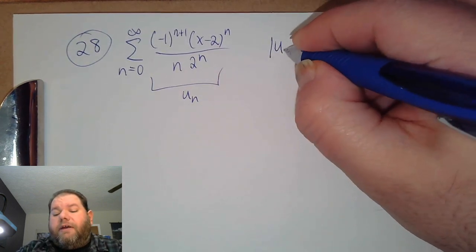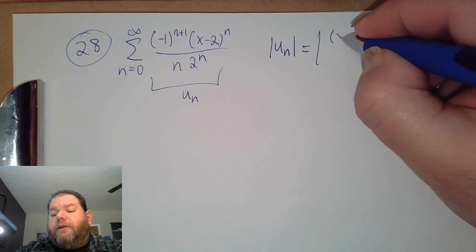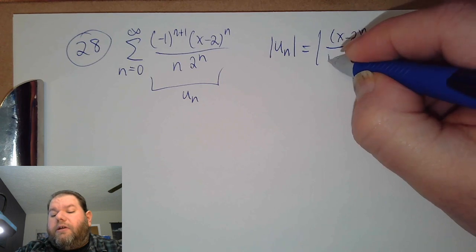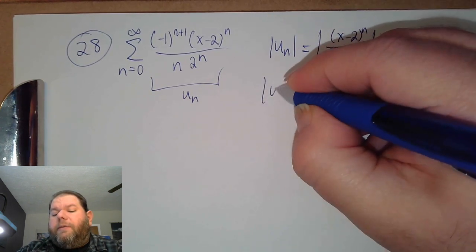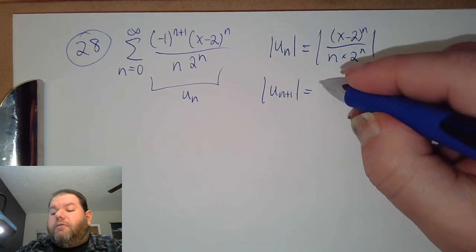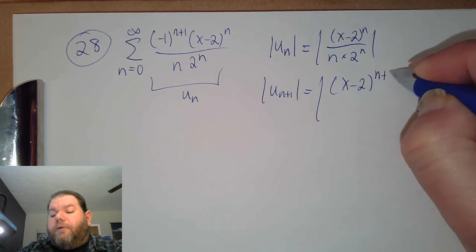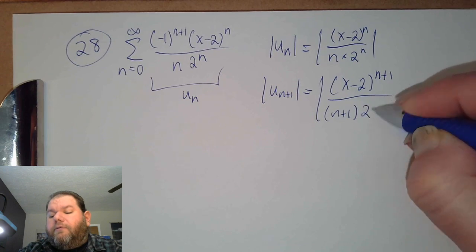So the absolute value of u sub n will be the absolute value of x minus 2 to the n over n times 2 to the n. And the absolute value of u sub n plus 1 will be the absolute value of x minus 2 to the n plus 1 over n plus 1 times 2 to the n plus 1.